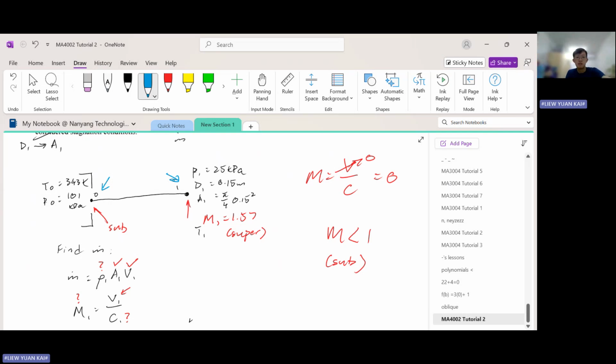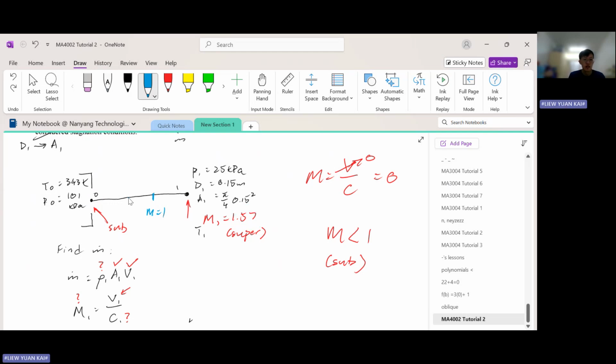Why is that important? It's because this shows that Mach number is increasing. In other words, we are accelerating the flow. At some point along this flow, Mach number must reach 1. Because you see this is 1.57 and this is 0. So somewhere in between must be Mach number equals 1.